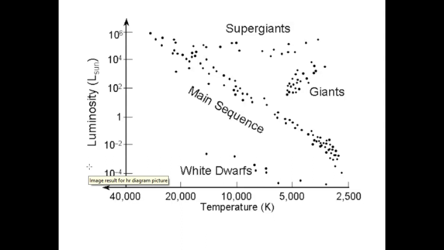So two stars could have the same intensity, but if one star is larger than the other, it would be significantly more luminous. Luminosity is based on two things: the surface temperature and the surface area, which is dependent on diameter and radius.